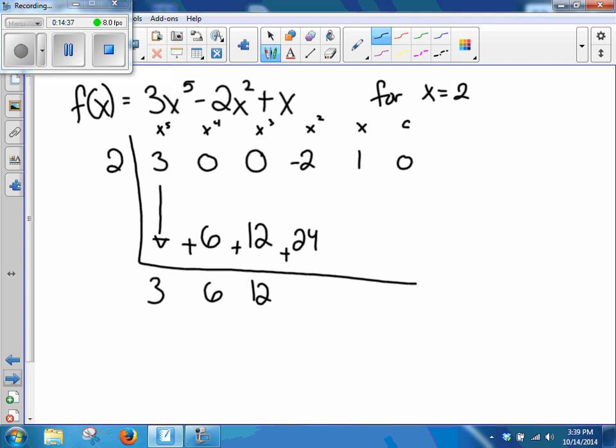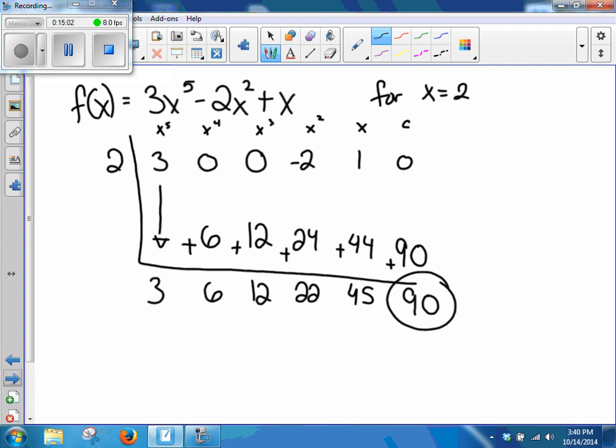Add straight down with -2 now, and that becomes 22. Then 2 times 22 becomes 44. Add straight down, and you get 45. But I'm not done because I have one more placeholder, so 2 times 45 is 90, and you add straight down to get 90.